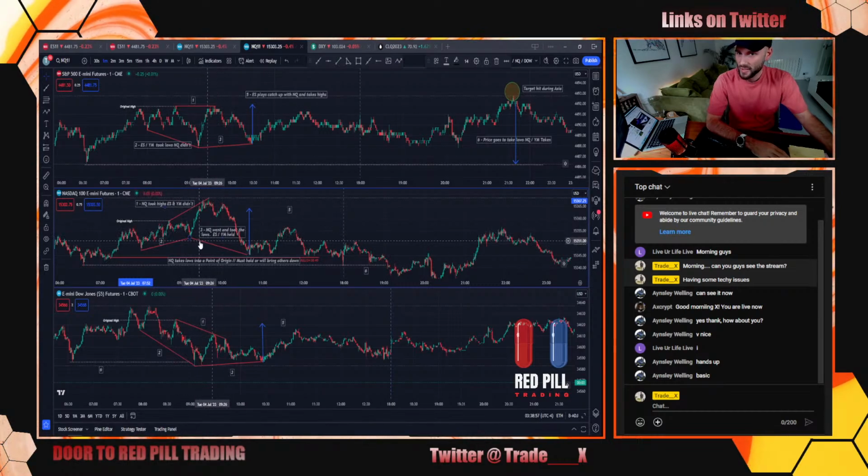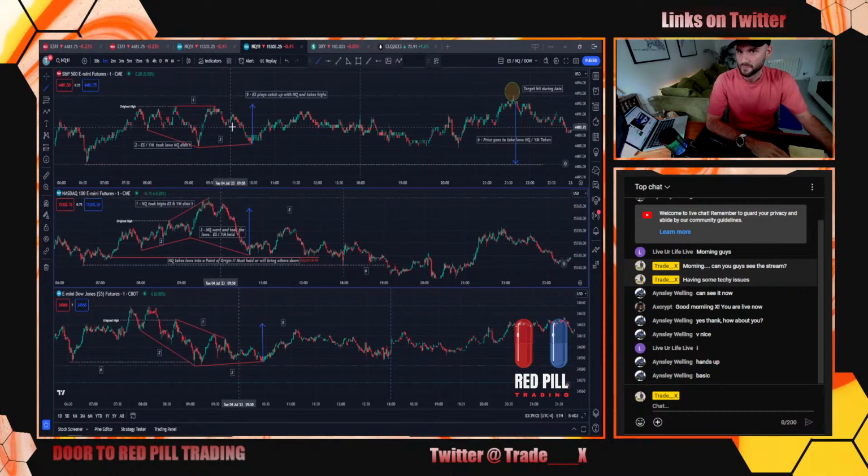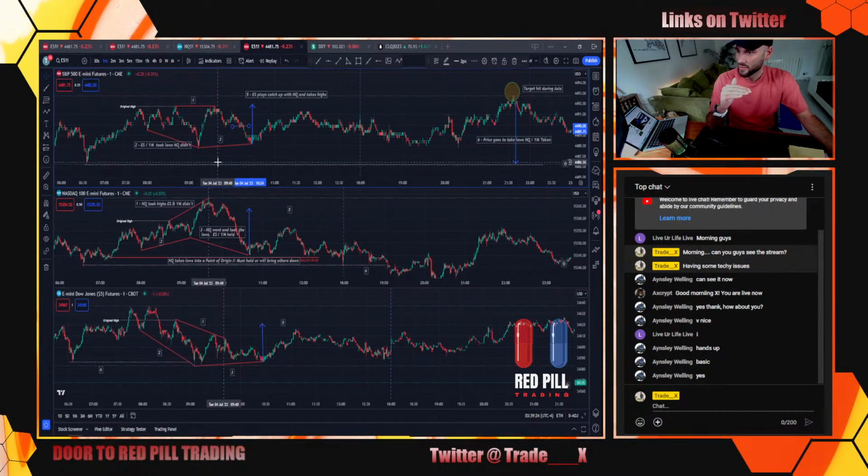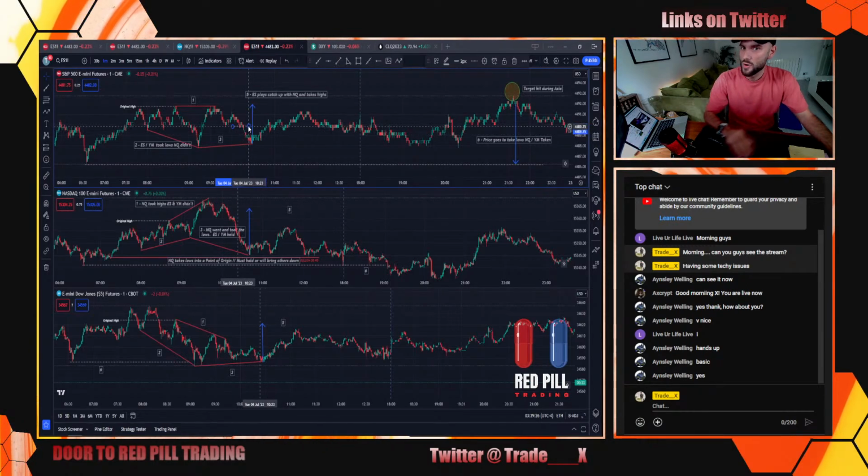So at this point, when NQ was here, all that had happened is that NQ had taken this high, but ES had taken the low. So can you see how we have a divergence between the highs and the lows? We had NQ taking the highs, but ES taking the lows, okay?